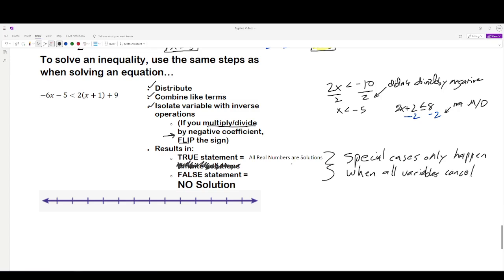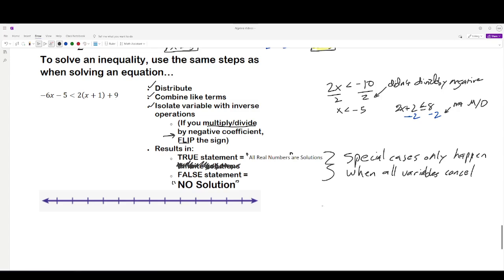Then we have the same two options that we had for normal equations, which is if we get a true statement, then all real numbers are solutions, so we put all real numbers. And if we get a false statement, we have no solution, so we put no solution as our answer. So let's look at two quick examples of that, and then we'll do this last one to wrap up.